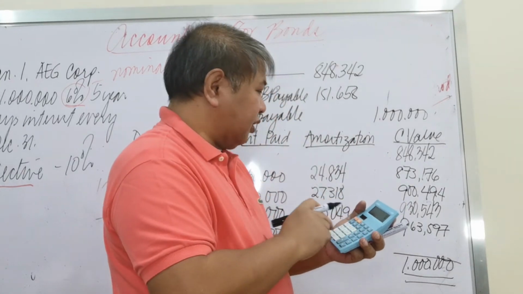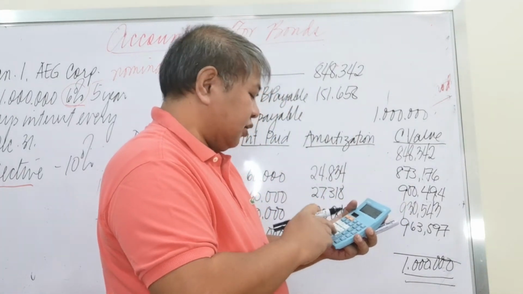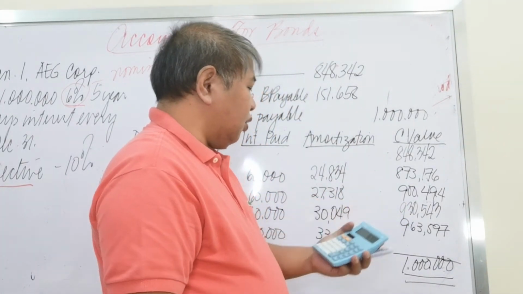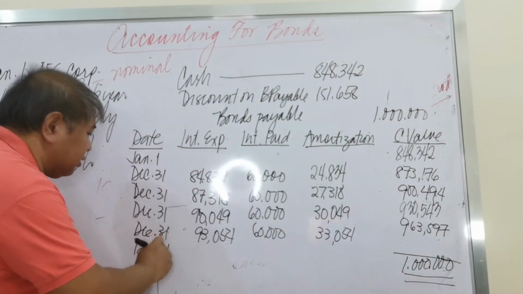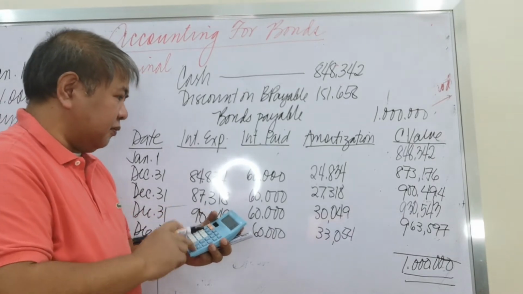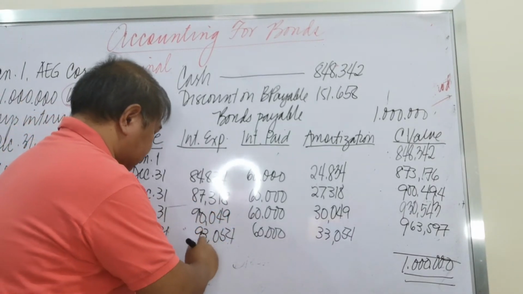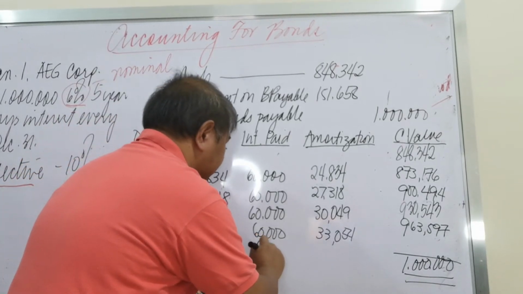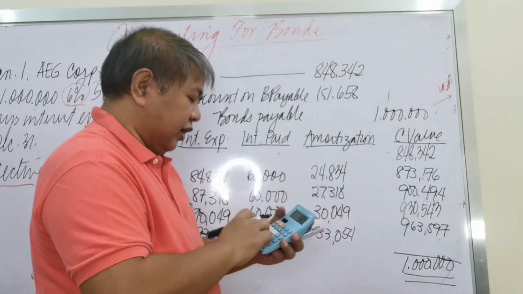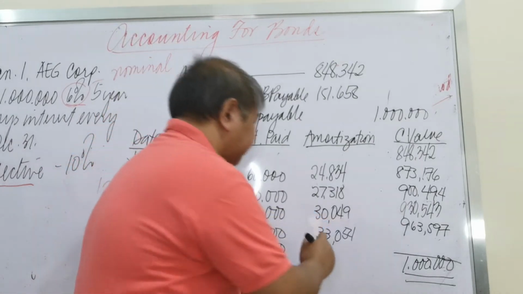And then on the last year, last December 31st, times 0.10, this is 96,360 less 60,000 nominal interest.